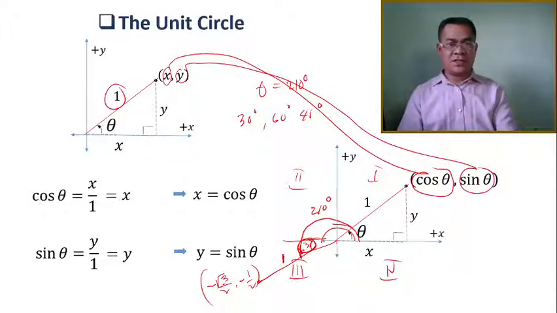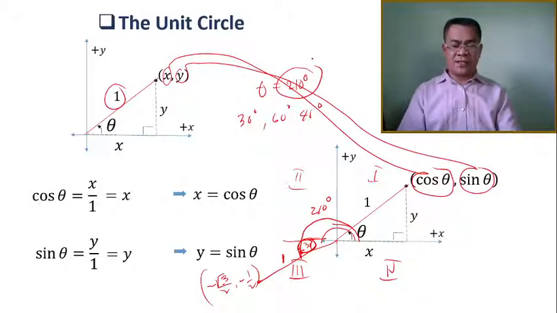Hence we can always provide the six trigonometric functions of 210 degrees.